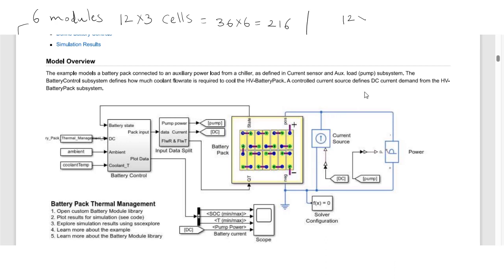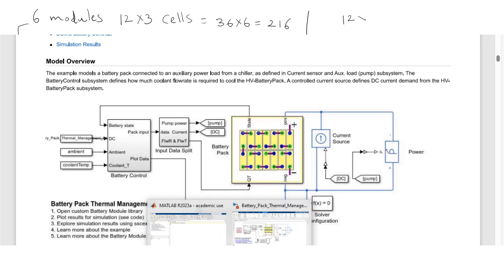It defines what DC current is required, the DC current demand from the HV battery pack. So you can see here, this is the DC power demand based on the load. This is load calculation and this is the DC power requirement. That is decided by the battery control based on the present condition, right?